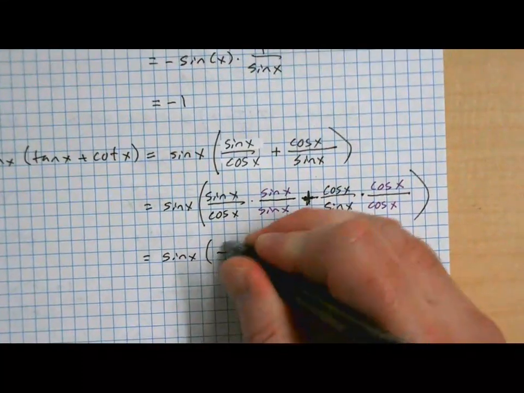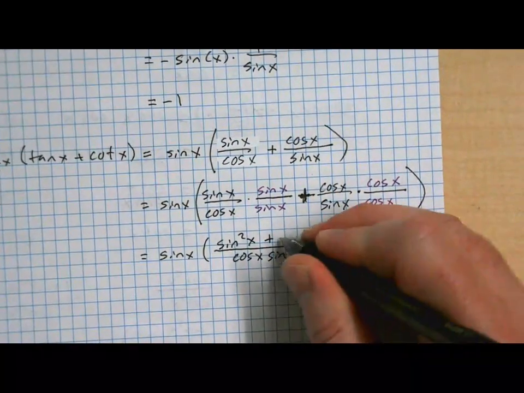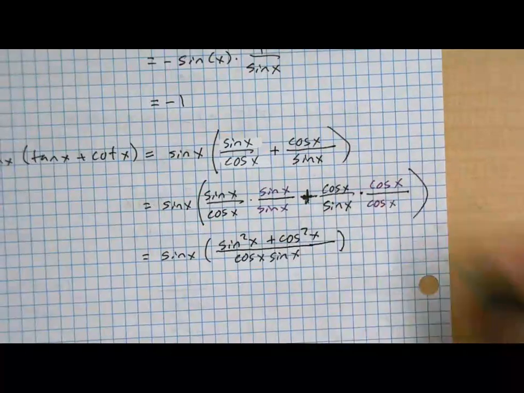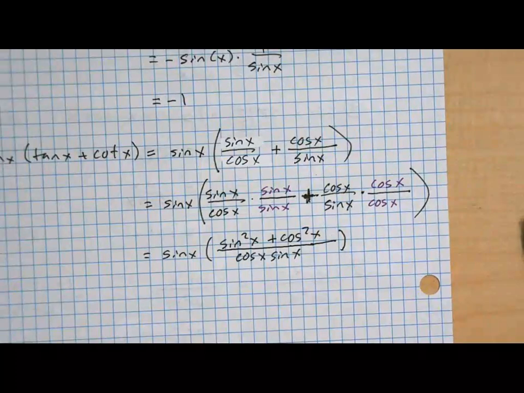Sine times sine is sine squared, plus cosine times cosine is cosine squared. It's my favorite one. Ooh, this is the first time this one's popped up. It's the best trig identity ever.